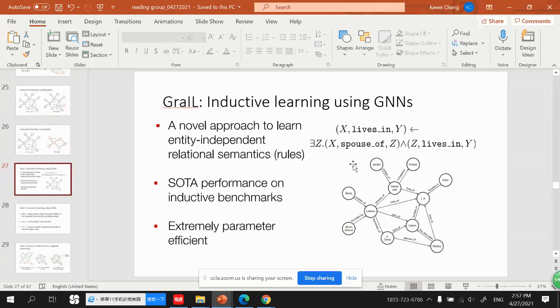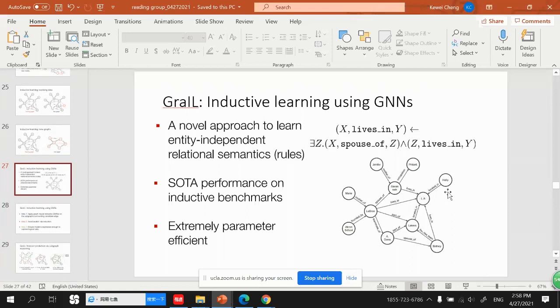So basically, a logical rule can be regarded as a path pattern appearing in the knowledge graph. By using a similar path appearing in this knowledge graph, we are able to predict the head relation between two nodes.